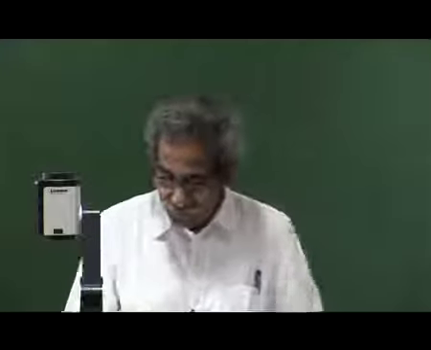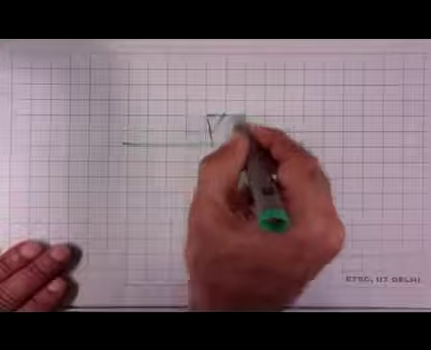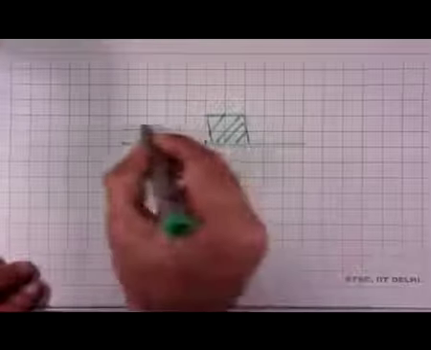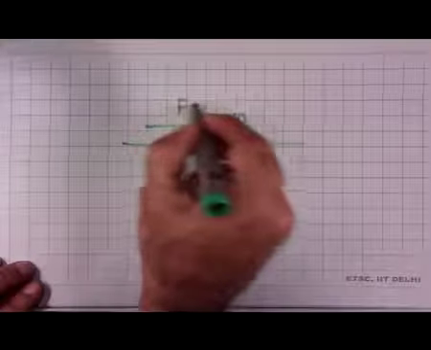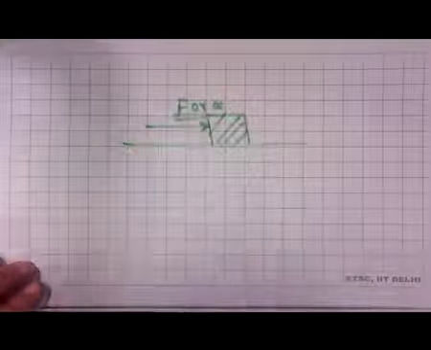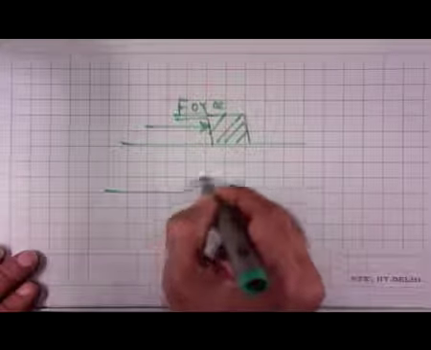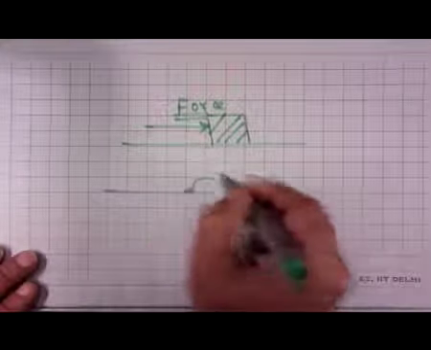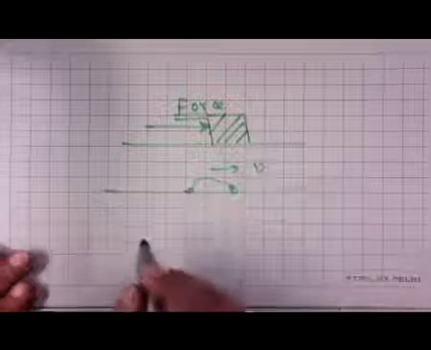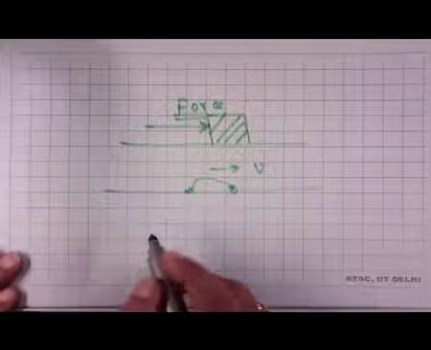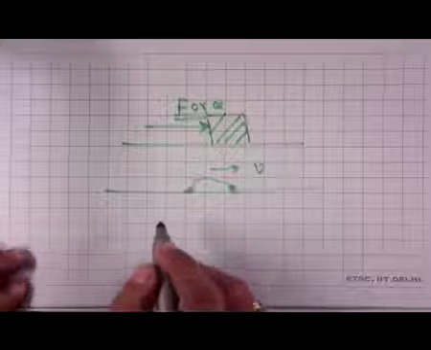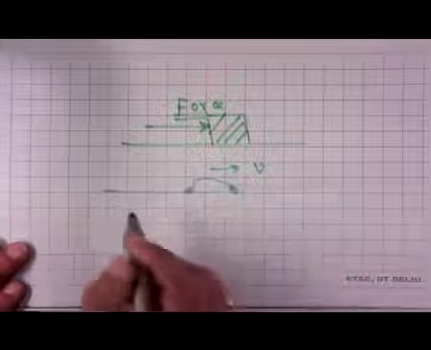So imagine there is this table and there is this block. In order to set this body in motion, we will have to apply a force. Or imagine there is this road and there is this car going with a speed v. If you want to change its speed or its velocity, then you have to apply brakes.